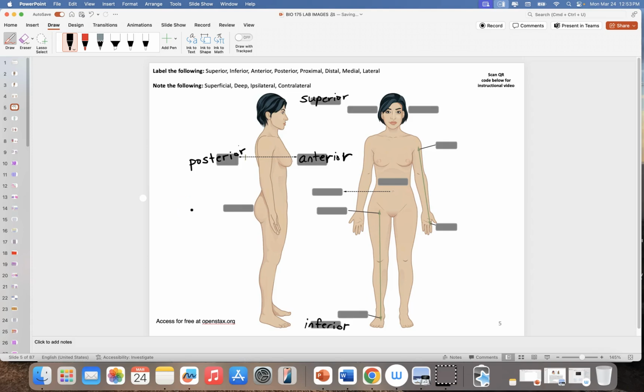For example, the lumbar landmark is posterior. That would be a way that we could use that particular term. Or the lumbar landmark is posterior to the umbilical landmark because the umbilical landmark is anterior.